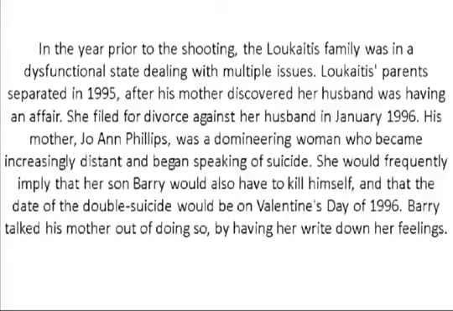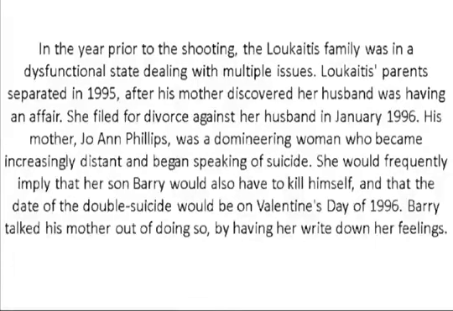It says, in the year prior to the shooting, the Lukaitis family was in a dysfunctional state dealing with multiple issues. Lukaitis' parents separated in 1995, so the year before he committed this act, after his mother discovered her husband was having an affair. She filed for a divorce against her husband in January of 1996. This is the year that he actually committed the shooting.